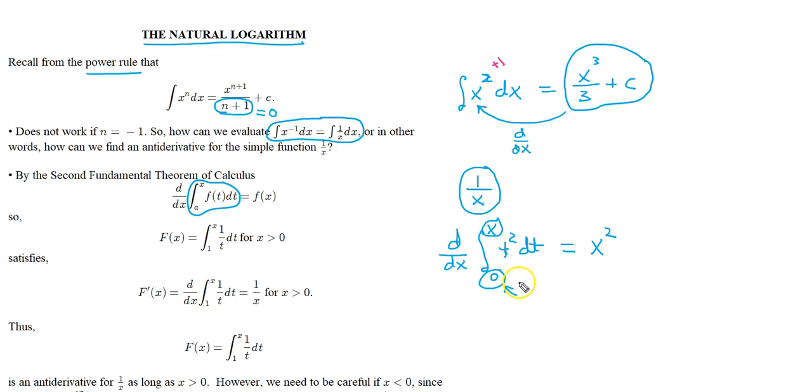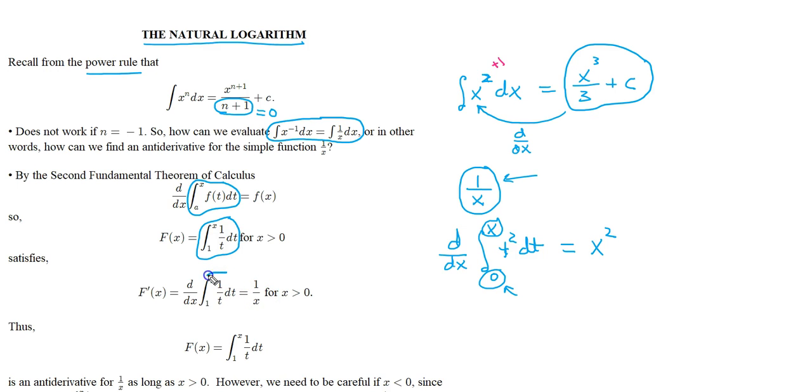So what we have now is, based on this, we can define an antiderivative for 1 over x like this. If we consider the function F of x to be the definite integral from 1 to x of 1 over t dt, then this function will have the property that the derivative of this function is going to be 1 over x.